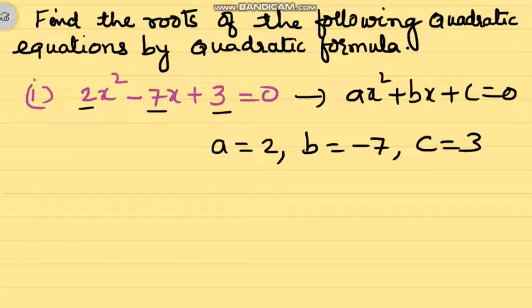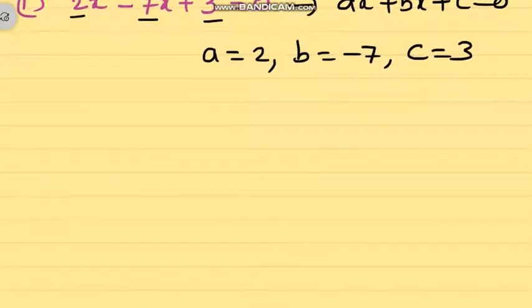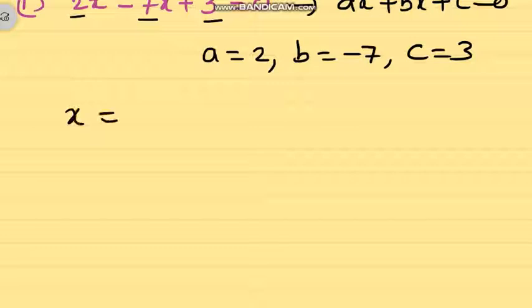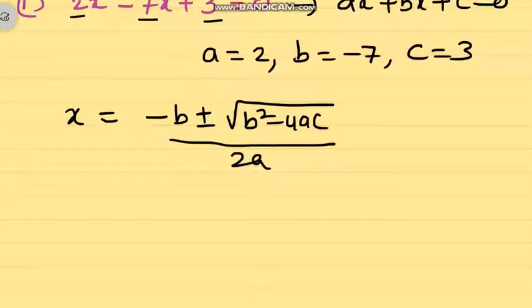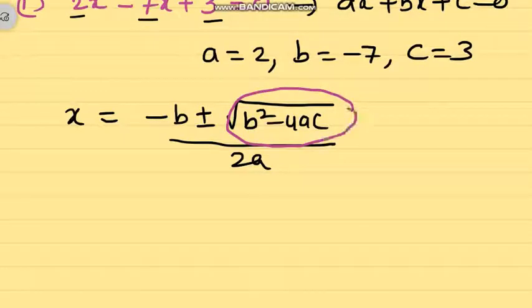So, how will you proceed? You should know the formula first. What is your quadratic formula? Your quadratic formula is x is equal to minus b plus or minus root b square minus 4ac by 2a. Before moving to the next part, let us first calculate the discriminant, b square minus 4ac.